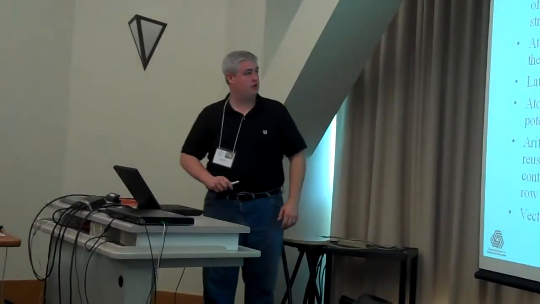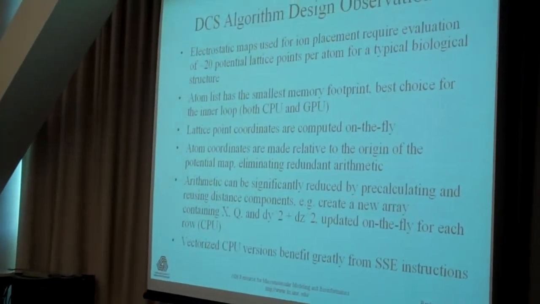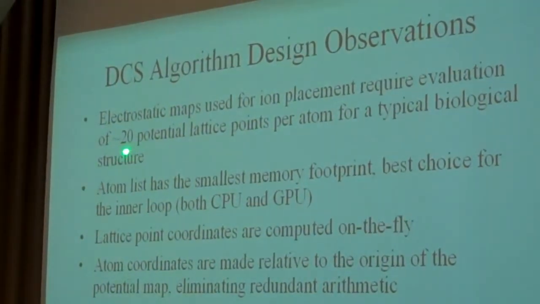So as you learned yesterday, there are various things we can do to remove redundant arithmetic from the direct Coulomb summation kernel. The main thing to realize about this particular kernel is that the majority of our work comes from the evaluation of different lattice points. So we have 20 times as many lattice points as atoms.